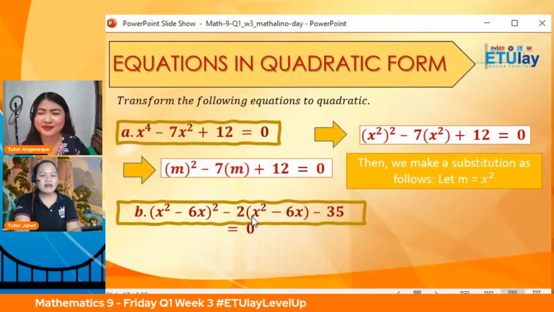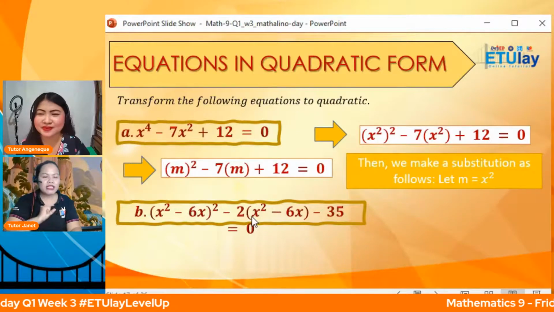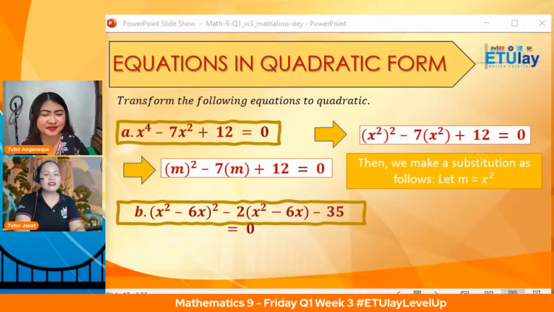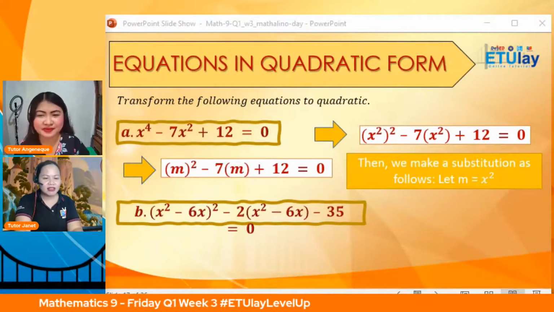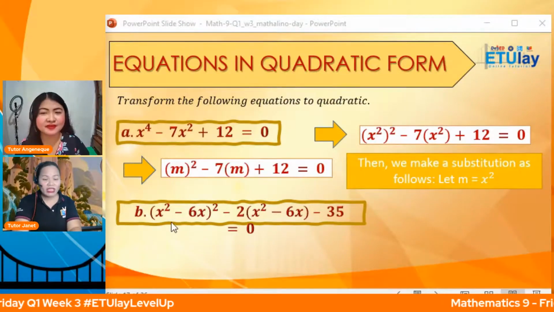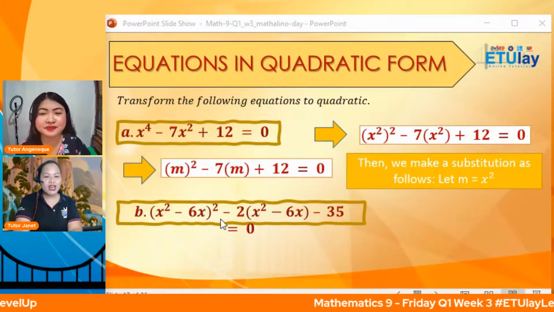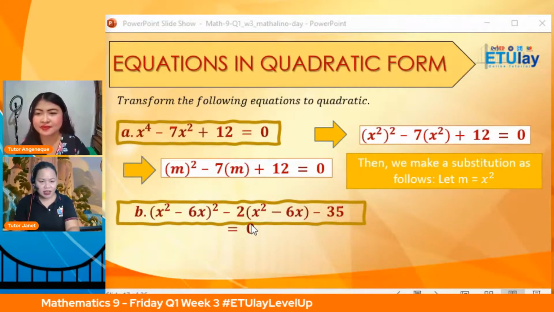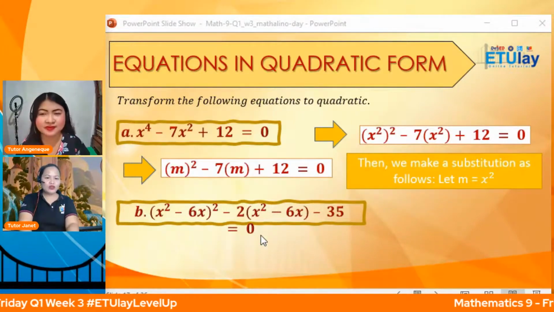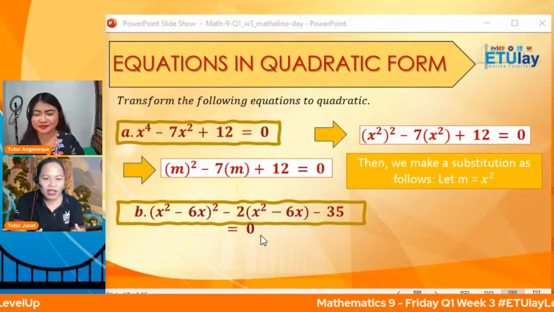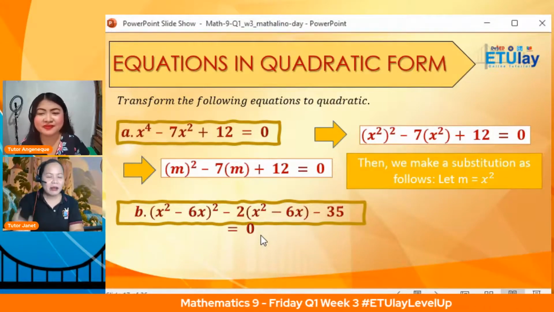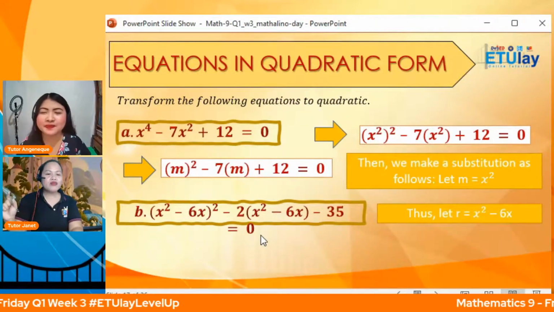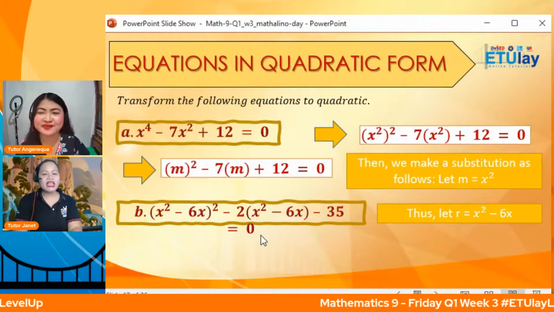Alright, so another example, tutor Janet. Ang isa pa nating halimbawa, hindi naman laging kailangan na trinomial siya, no? Like in this case. So we have the quantity x squared minus 6x, squared, minus 2 times the quantity x squared minus 6x minus 35 is equal to 0. So sa case ng ating example number 2, meron tayong i-represent na binomial, which is the common for our first term at saka yung middle term na minus 2 quantity x squared minus 6x.